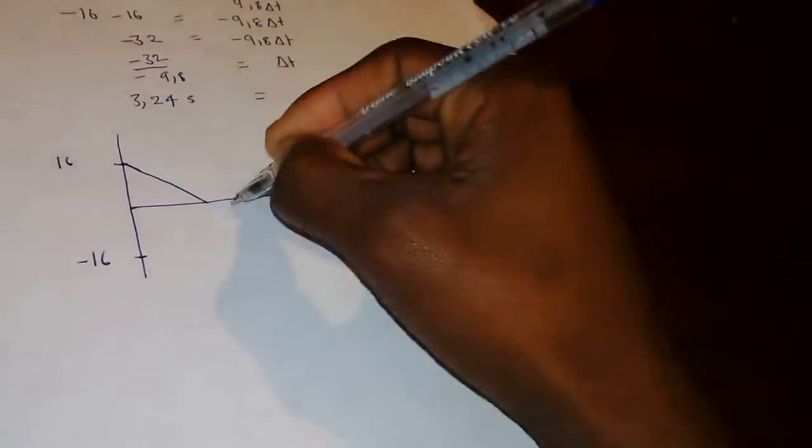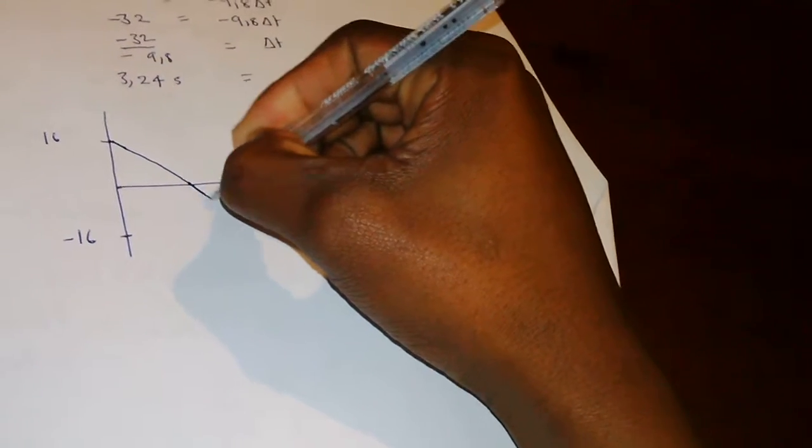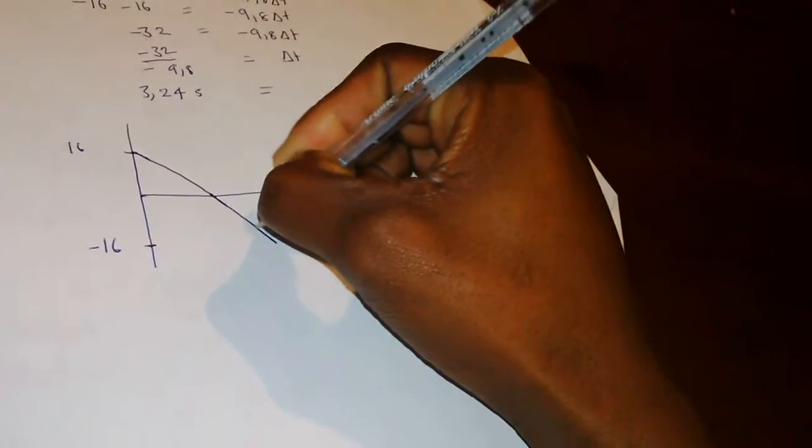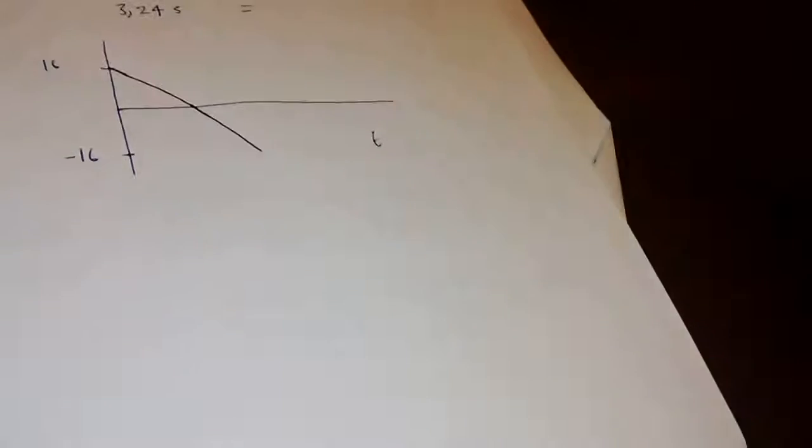As it goes downwards, it's going to be gaining velocity until it comes to 16 again. So guys, this is how you draw your velocity-time graph. I hope you can see very carefully. It's always a straight line, always a straight line.